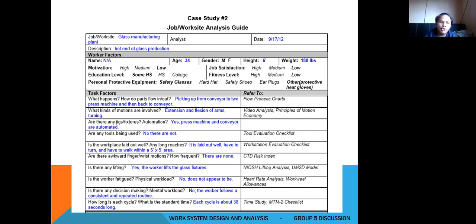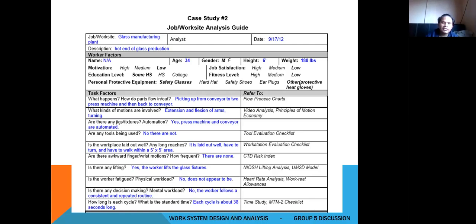So this is the job or site analysis plan. In the date we have that, and the description: hot end of glass production. So we know that in glass production we need heat to make the material liquid and easy to cast, to make the shape of the material.